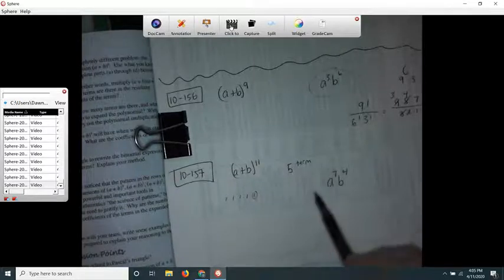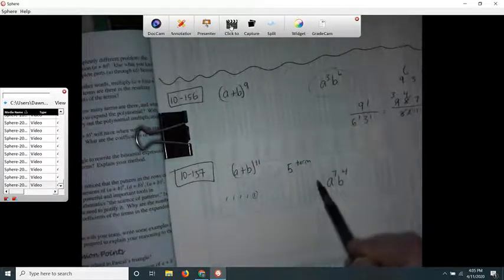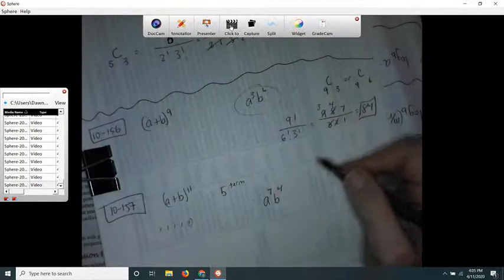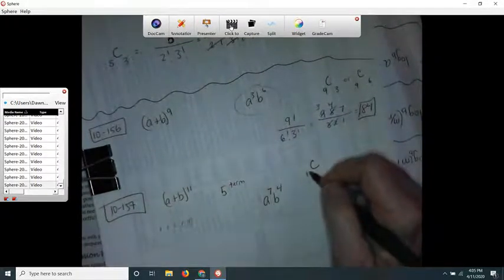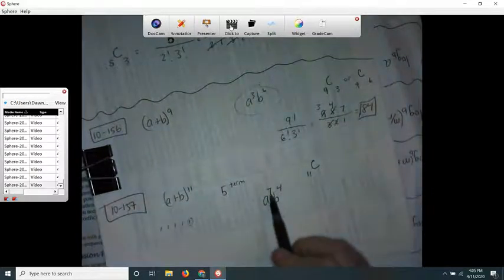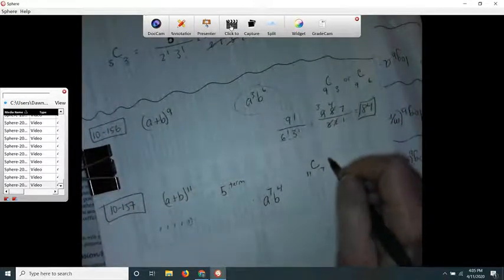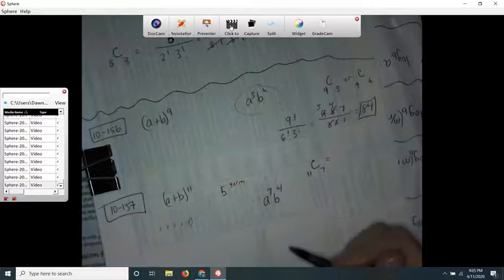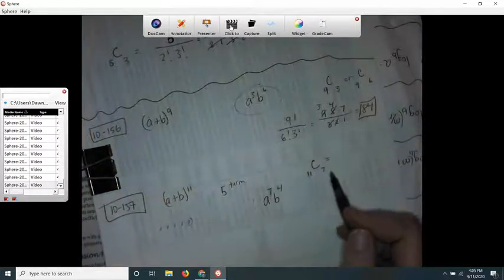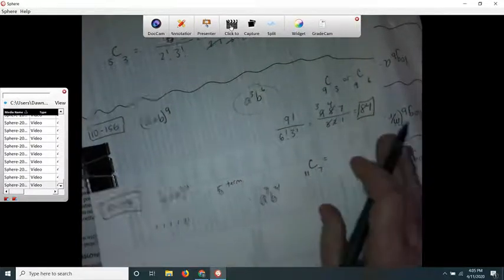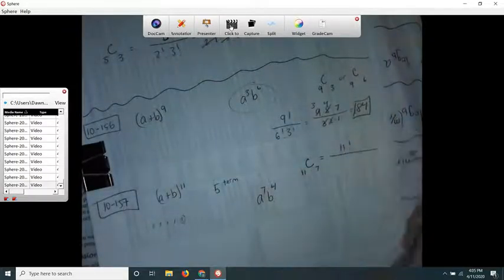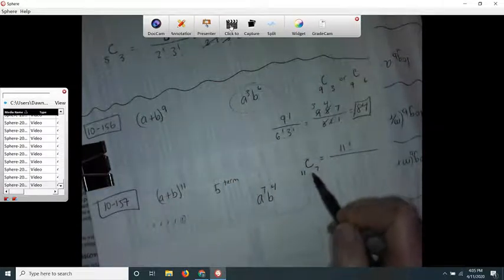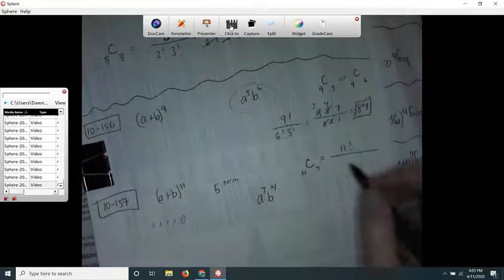So I'm going to have to use a combination. So I'll use the combination of 11 things taken 7 at a time. Why 7? Because I want 7 A's. I could do 11 choose 4, either way. So remember, it's n factorial, so it's 11 factorial, and then n minus r, so that's 11 minus 7, 4 factorial, and then 7 factorial.